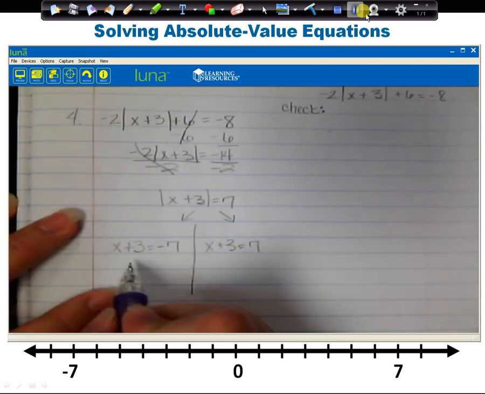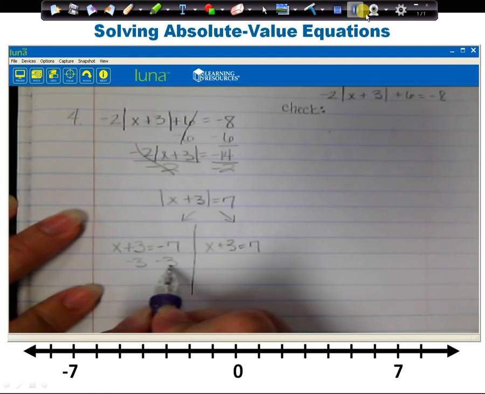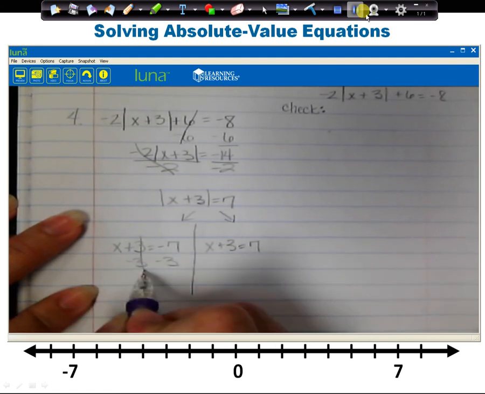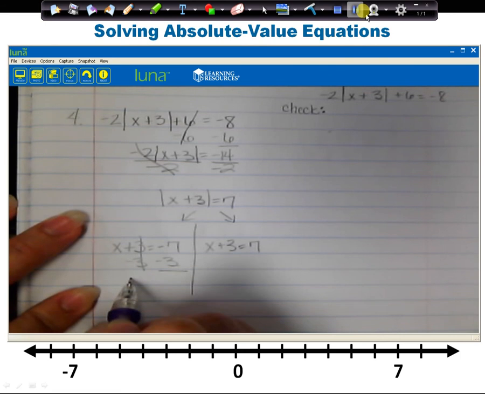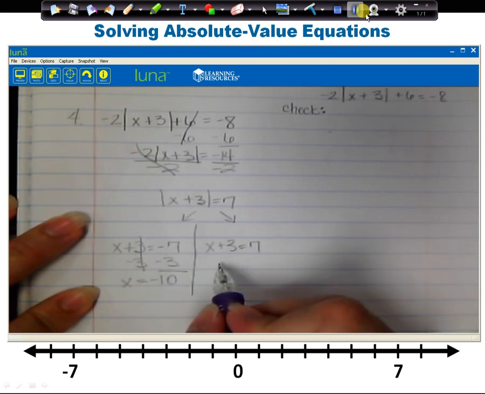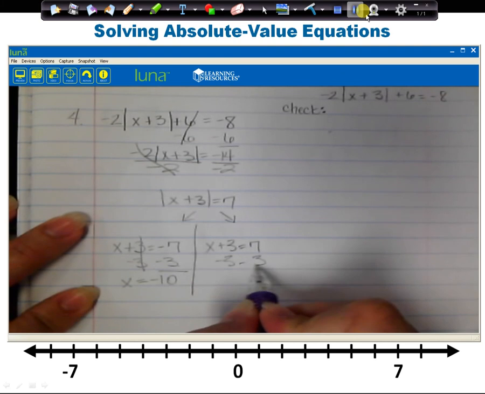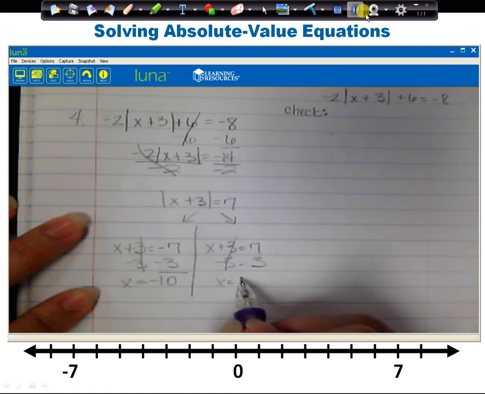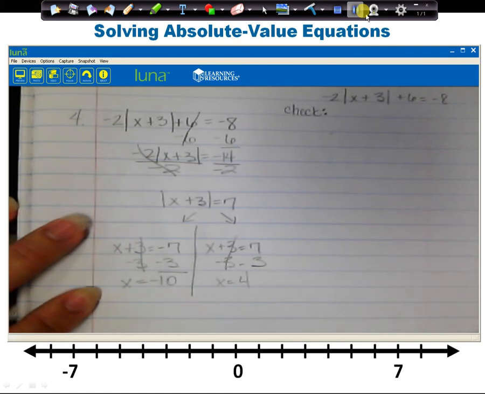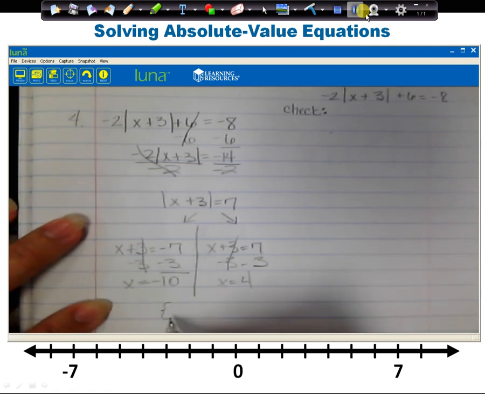So I subtract 3, this cancels, and that gives me x equals -10. I'm going to subtract 3, this cancels, and 7 minus 3 gives me +4. So in my squigglies, or my braces, I'm going to write my solution set from least to greatest, -10, 4.